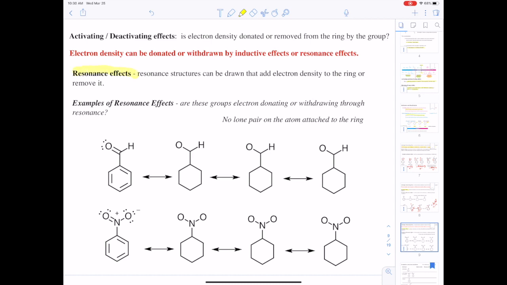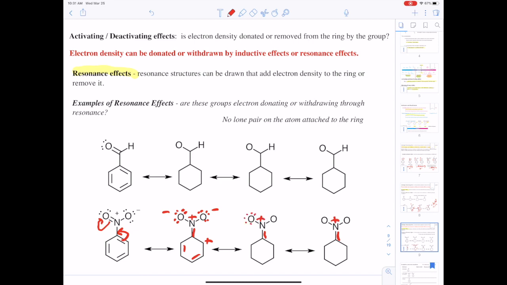Resonance effects can also withdraw electron density from the ring. So for instance, take this nitro group. We can move these electrons up here, kick these onto the oxygen. That nitrogen's still positive. And that's going to create a carbocation. And then we can move the carbocation around the ring. And all these we're going to have a pi bond.